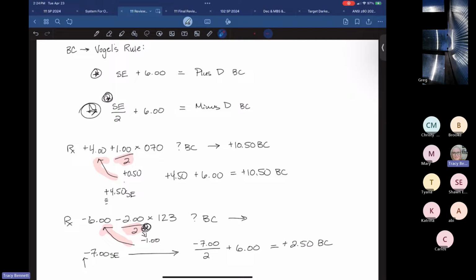Minus 7 plus 6, yeah. And if you get minus, it's wrong. Anytime you get minus. So just remember, no matter how weird it feels, you have to divide that spherical equivalent by 2 again.